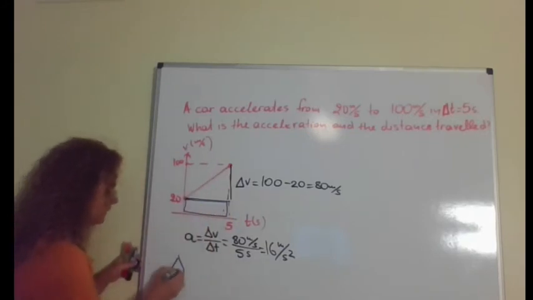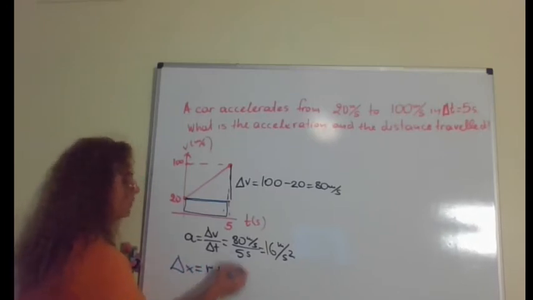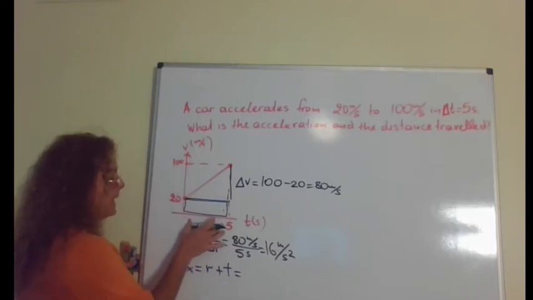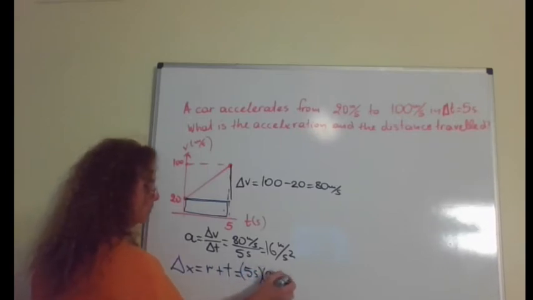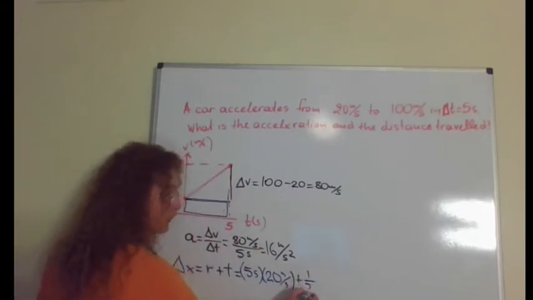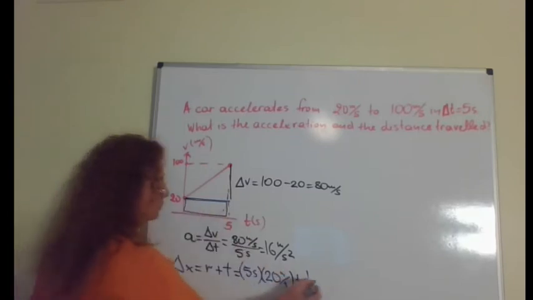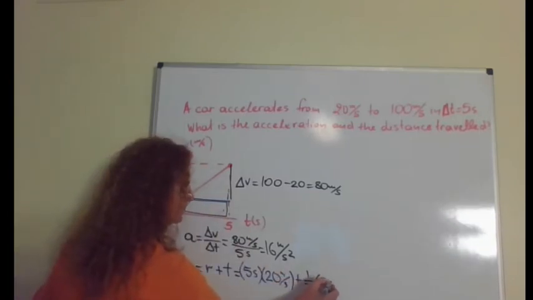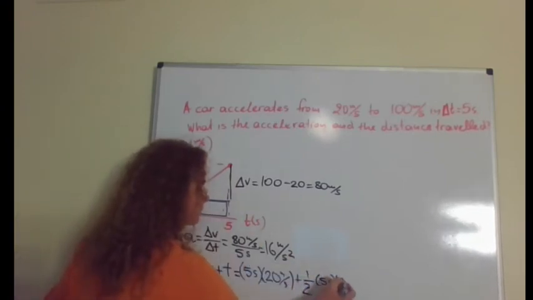So the displacement, the distance traveled, will be the rectangle and the triangle. So the rectangle is base times height, so it's 5 seconds times 20 meters per second, plus the triangle, which is half base, which is 5 seconds times the height, which is 80 meters per second.